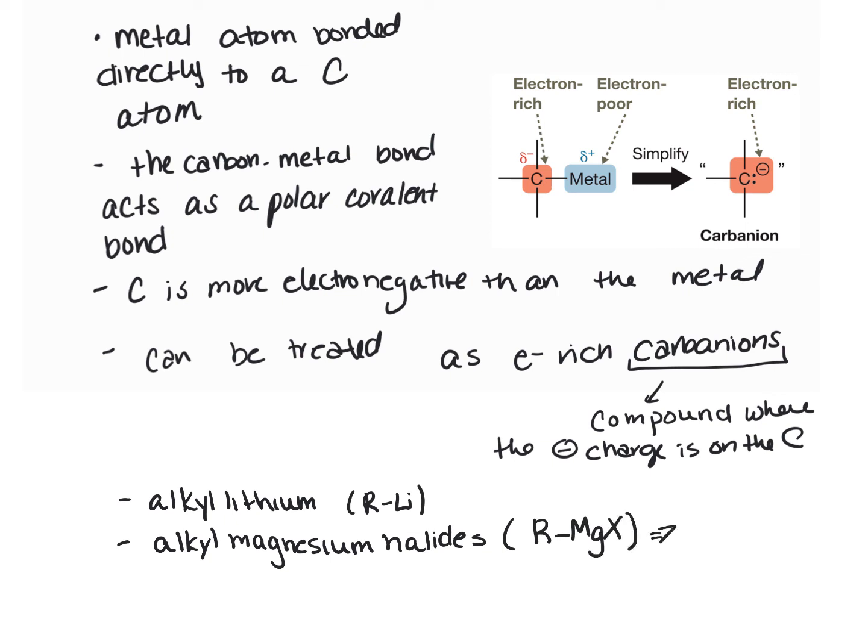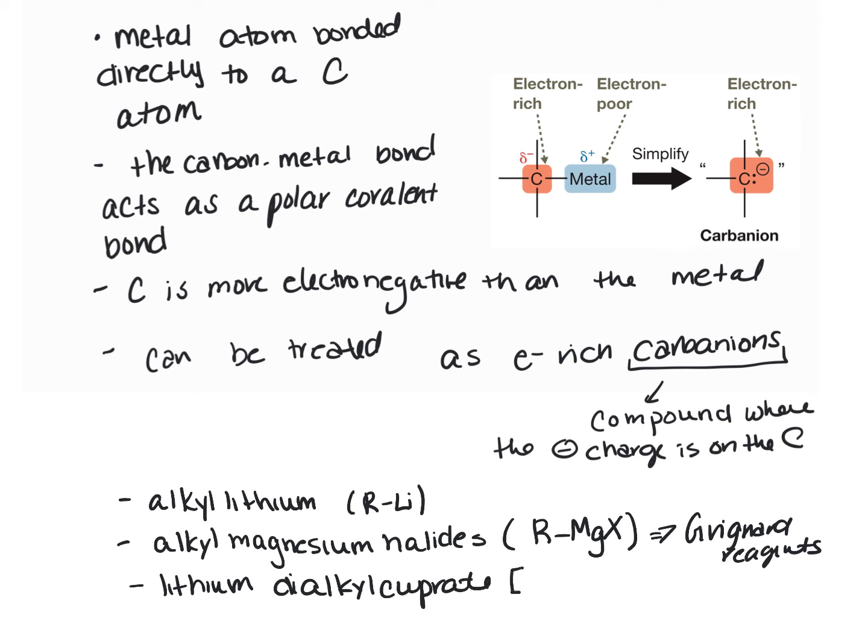These are also called Grignard reagents. That's a really common name for those. And then lithium dialkyl cuprates, which are shown as lithium with a positive charge, and then 2 R groups on a copper, and that gives that a negative charge.